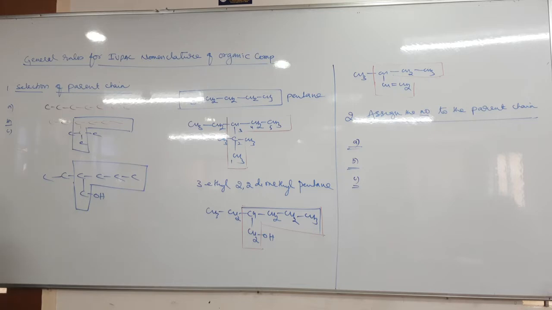Okay, right. First, A. If the parent chain contains a substituent, assign the numbering to the parent chain from the end which gives the lowest number to the substituent.